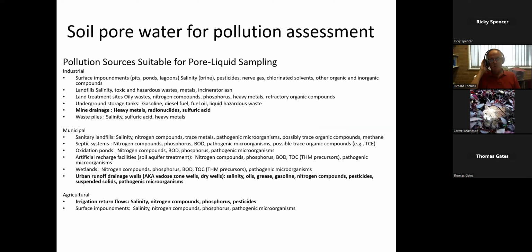Now, soil for pollution assessment. There are lots and lots of things which can damage soils in terms of making them less productive, or making them toxic, or just because they're big open silicate structures.